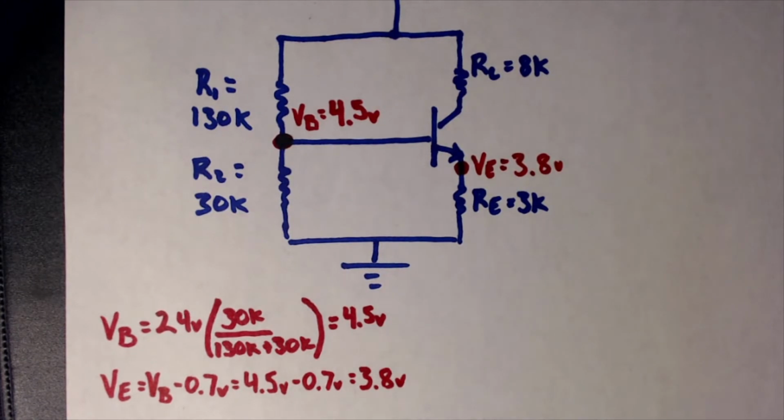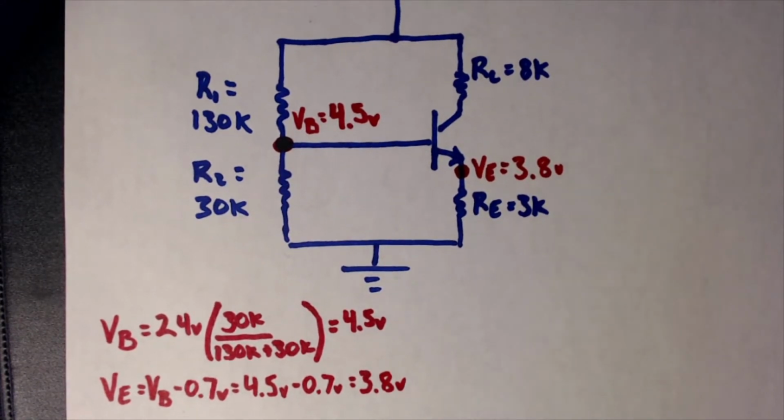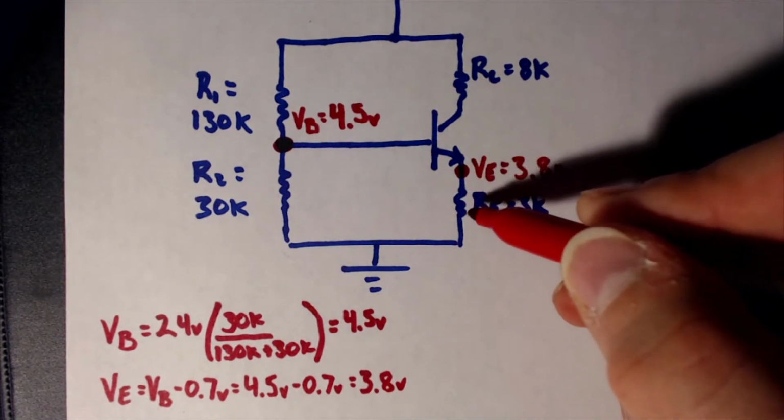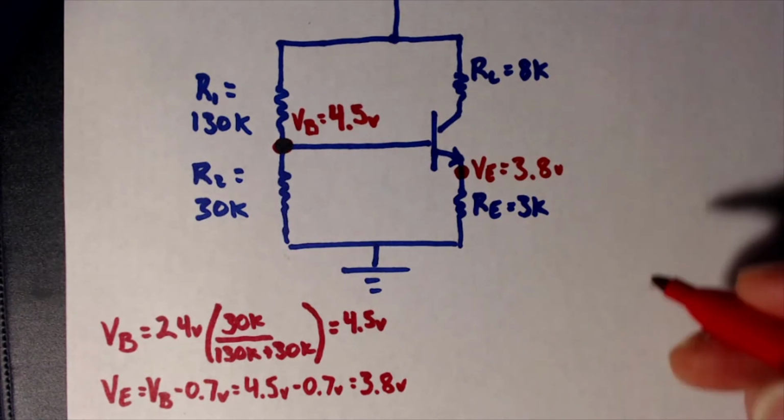Now where do we go from here? Remember, our goal is to find the operating parameters, so we want to know the collector current, as well as the voltage between the collector and emitter. From here, we can figure out what I sub E is.